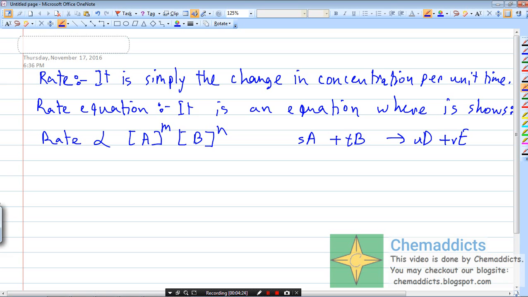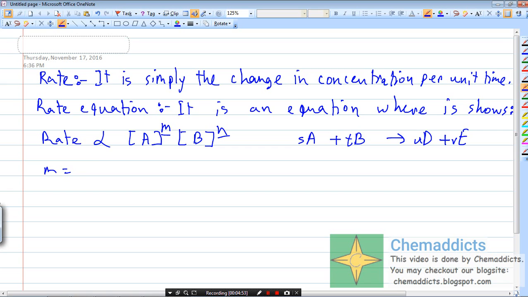Okay, so we are not using moles over this power. So this rate equation tells us that the rate is directly proportional to the product of the concentrations of A and B, which are raised to appropriate powers m and n. So what are these appropriate powers?